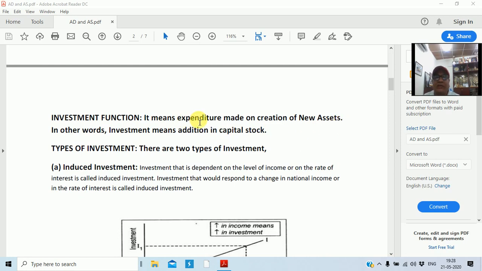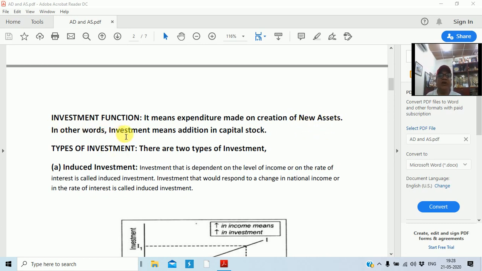If I am making expenditure over the purchase of goods to satisfy human wants, that is called consumption. But if I am making the expenditure over different goods and services for the creation of new assets, and when I say new assets I mean capital goods, that is called investment. So investment means expenditure on goods and services on creation of capital goods or new assets.